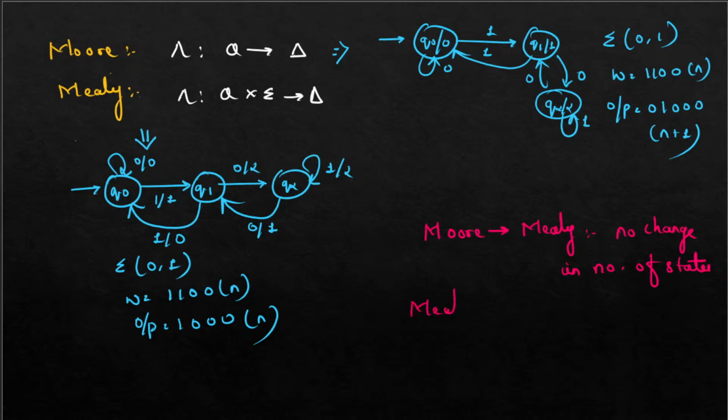And if you convert Mealy to Moore, then the number of states may increase. In a Mealy machine, if the states are M and the symbols are N, then the number of states in Moore is at most M into N.